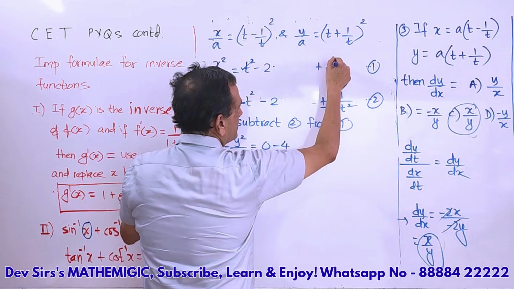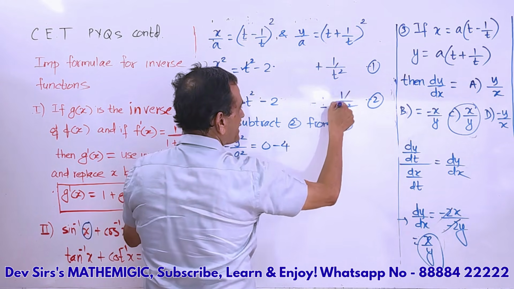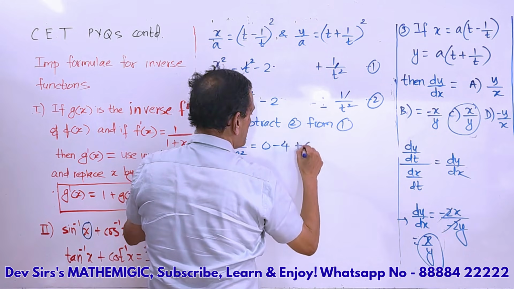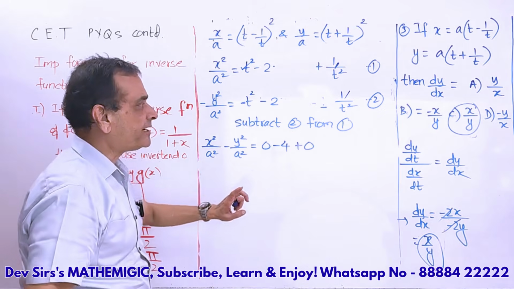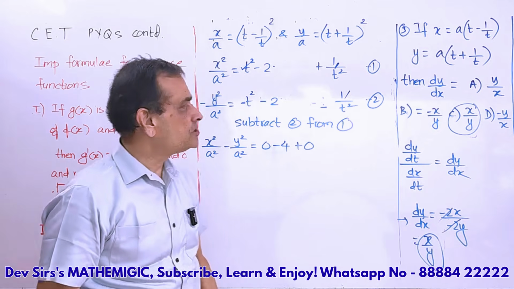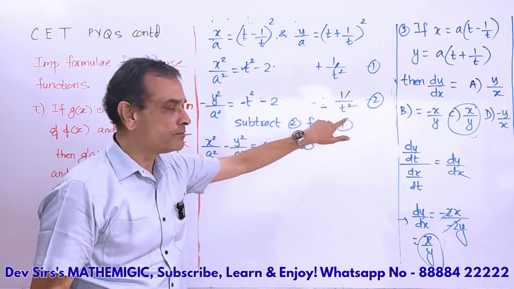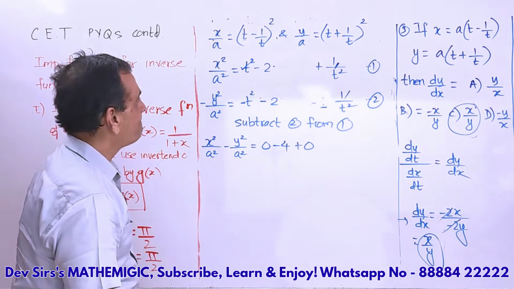This 1 upon t squared minus 1 upon t squared gets cancelled, again 0. So when I am subtracting equation 2 from equation 1, it means change the sign of each term of equation 2. Minus everywhere. Okay.